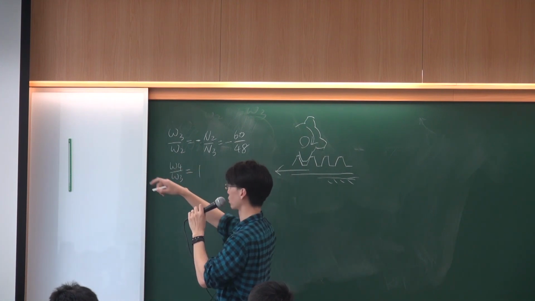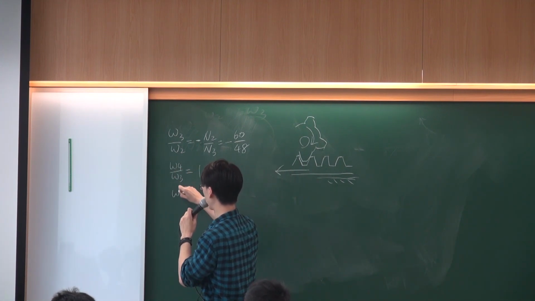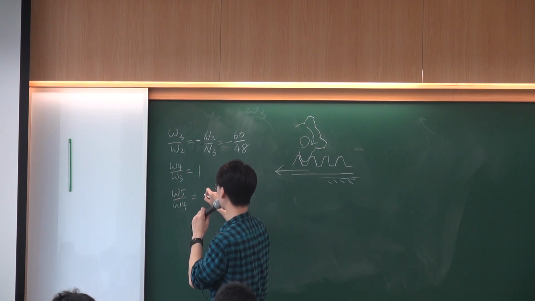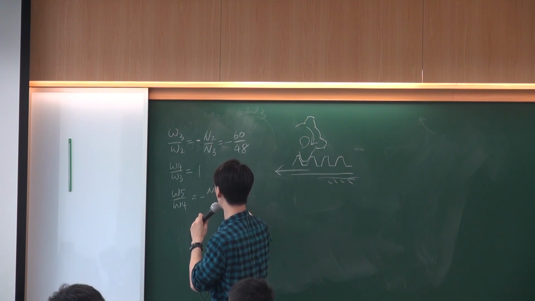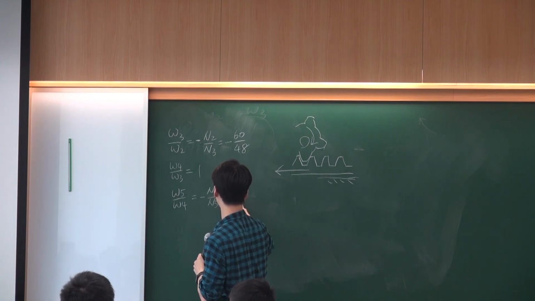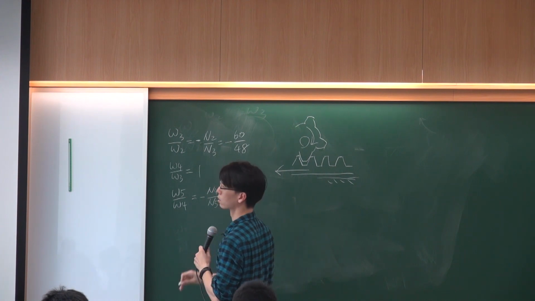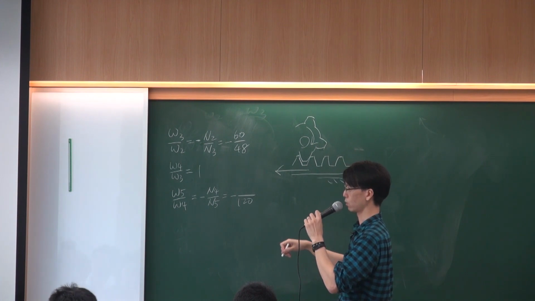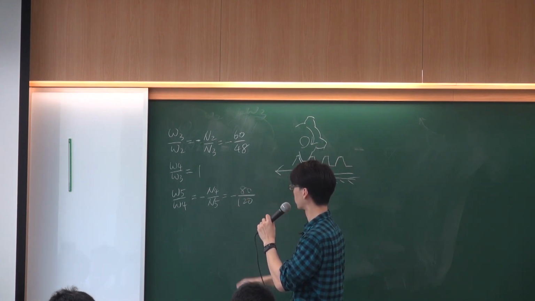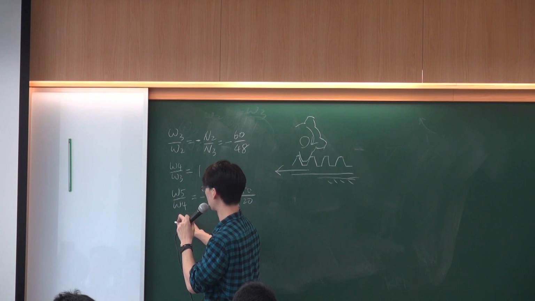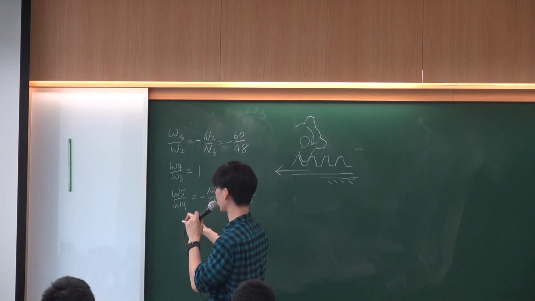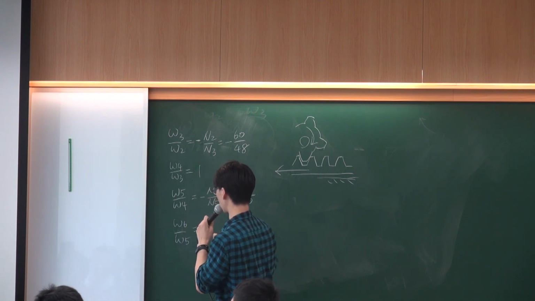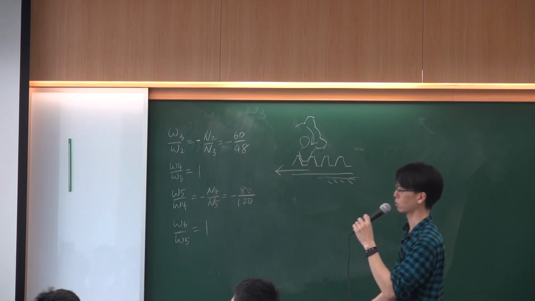And then it goes from 4 to 5. 5 and 4: 5 is 120, 4 is 80. Then we go from 5 to 6. 5 to 6, they are on the same shaft, so the speed ratio is just 1.